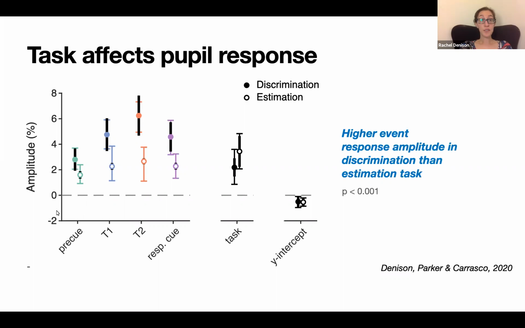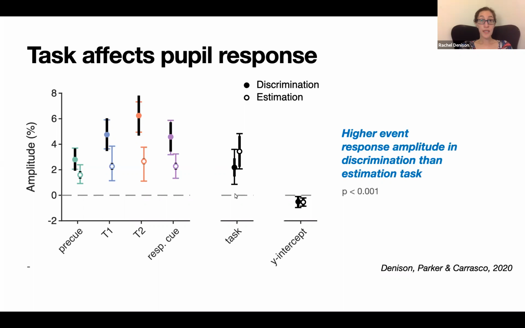So what I'm plotting here is the estimated event amplitude for these different trial events, pre-Q, T1, T2, and response Q, in these two different tasks. So the filled circles are discrimination, the open circles are estimation. So all of these event amplitudes were different for the two tasks.